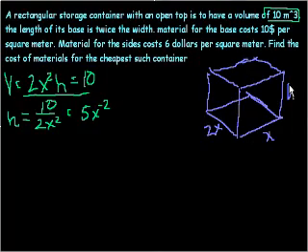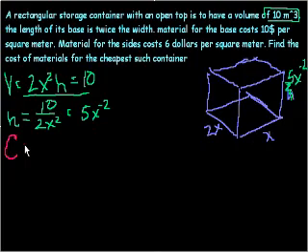So we could write this as 5x to the minus 2 power. That is h. We have just solved that, and we were able to solve that because they gave us a constraint on the volume of the box. Fair enough. So now let's see what the total cost of the material is going to be. So I'll do that in magenta.